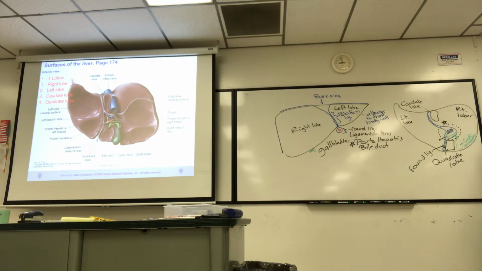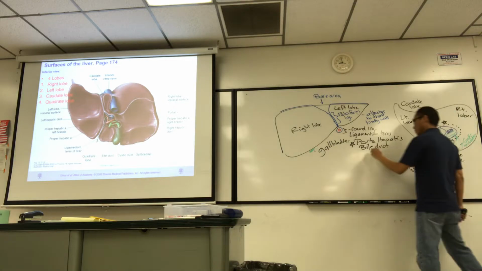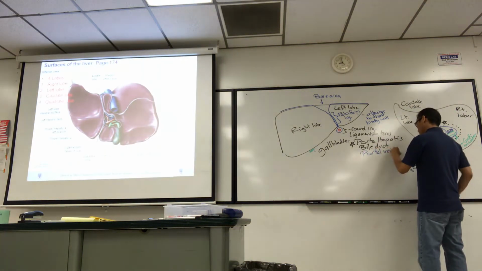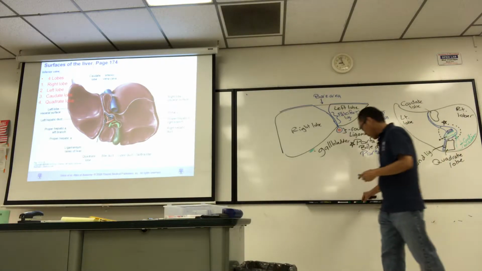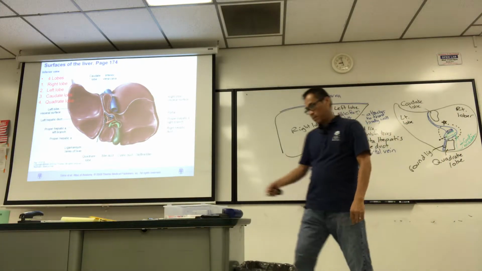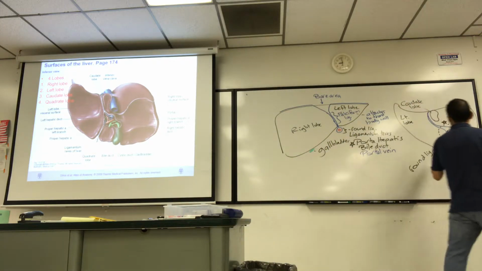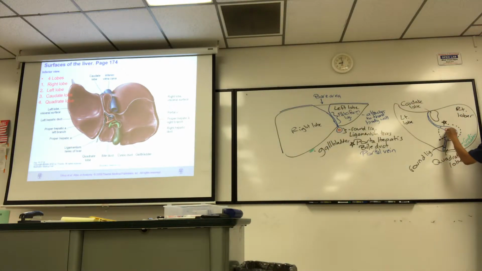So the blue vessel is portal vein. And I'll draw a red one for proper hepatic artery. Blood going in. Okay. So blood going in, bile coming out.